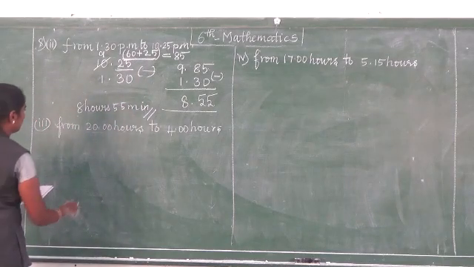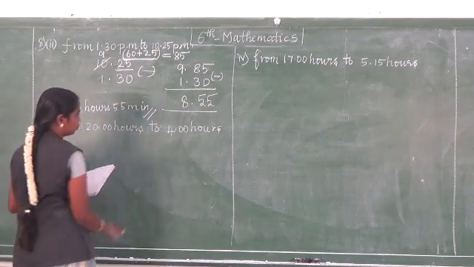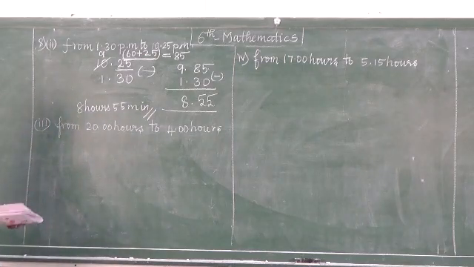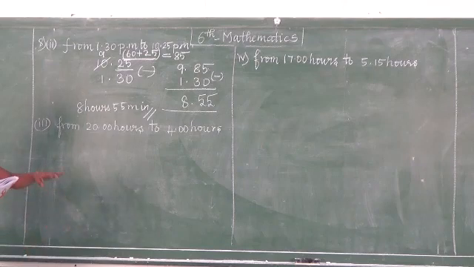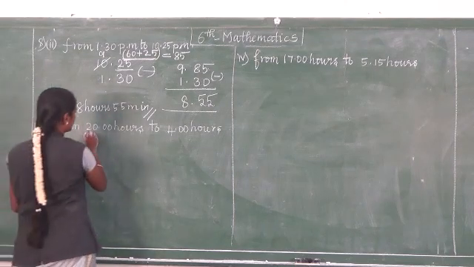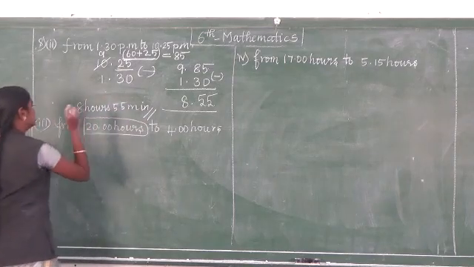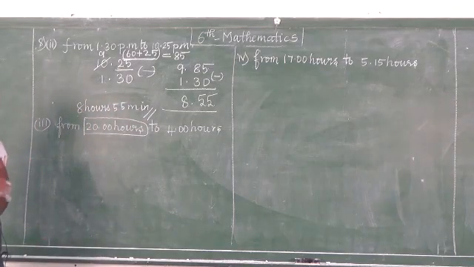Next is from 20 hours to 4 hours. Both are in the 24 hours format. So when you have the 24 hours format, you cannot subtract as it is. Now listen to me. The 20 hours, you subtract from the 24 hours.